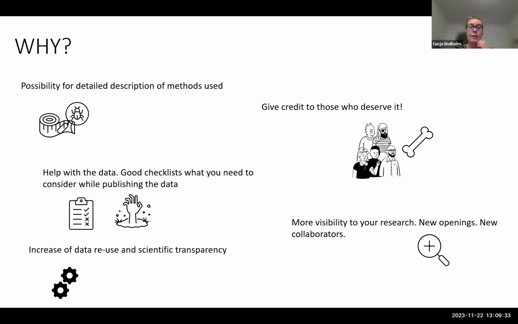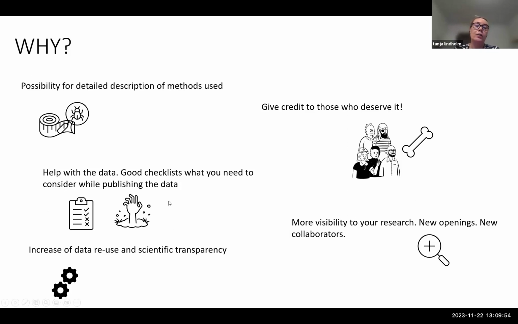And then I mentioned this curation process. I think there are a lot of good checklists within the data papers about different procedures, what you can publish and what you can't, and what you need to consider.